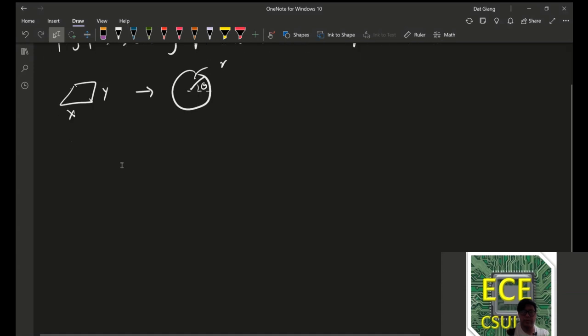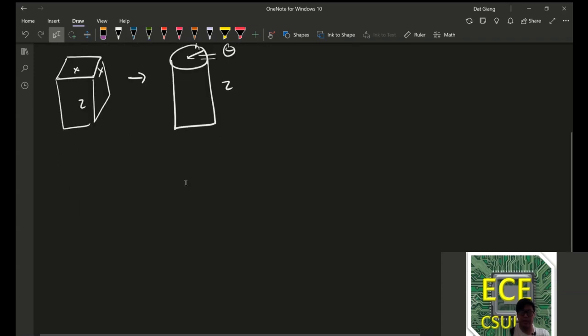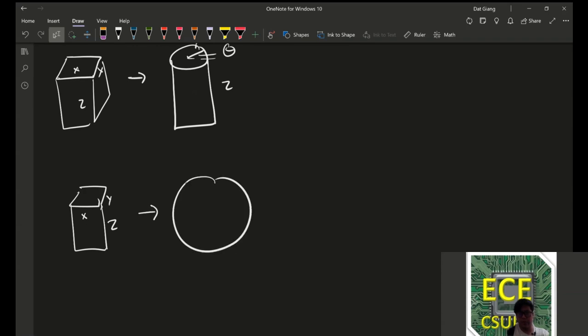Or how we could use it to convert from a 3D rectangular prism, x, y, z, to cylindrical with radius r, angle theta, height z. And lastly, with 3D Cartesian, we showed how it was also useful for converting from 3D Cartesian to spherical.